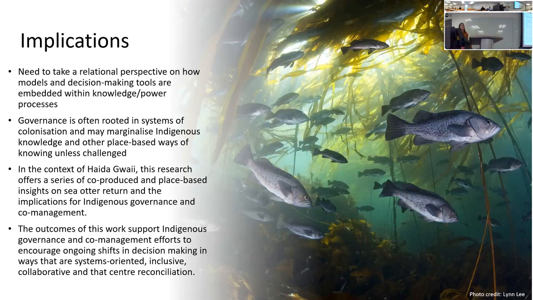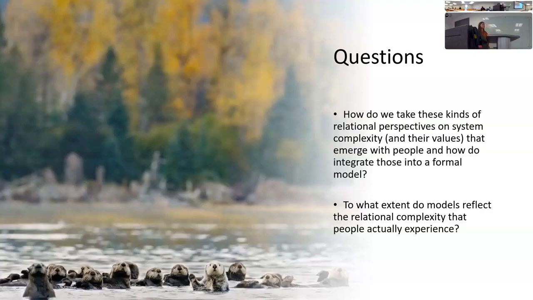And I guess this is the question. I was part of a big modeling group, and the big question that came up was, when you have this very fine-grain information, how do you really take these perspectives and integrate them into a formal model? Because going forward, these insights are all being used by the Council of the Haida Nation and Parks Canada to try and figure out how to manage sea otter return, which is happening naturally on Haida Gwaii.